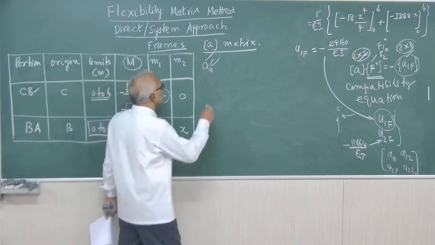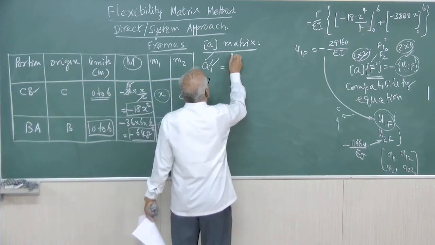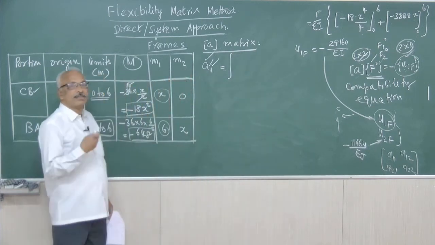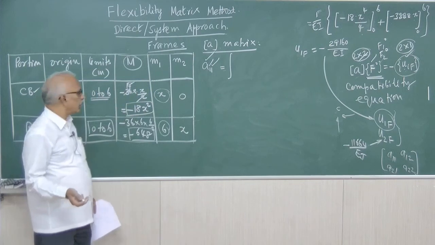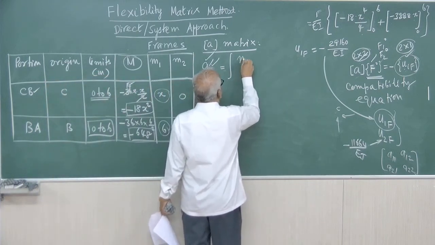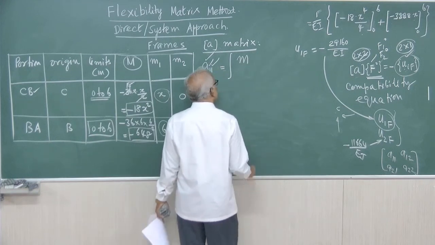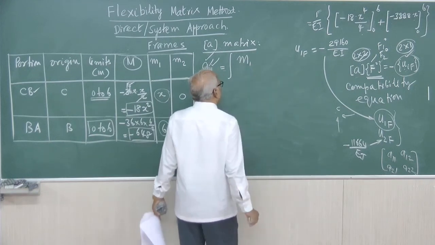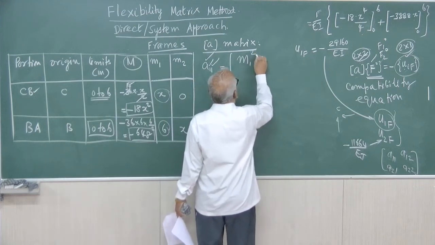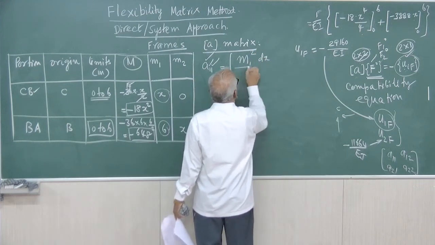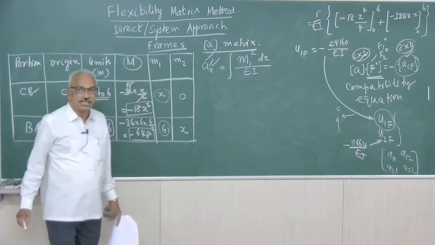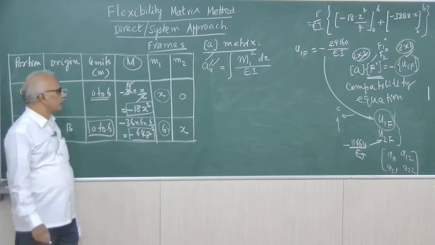Therefore, here the bending moment M is due to unit load, and the second term is also due to unit load. So for the term M, we use m1. It is the integral of m1 into m1 into dx by EI, or m1 square dx by EI.